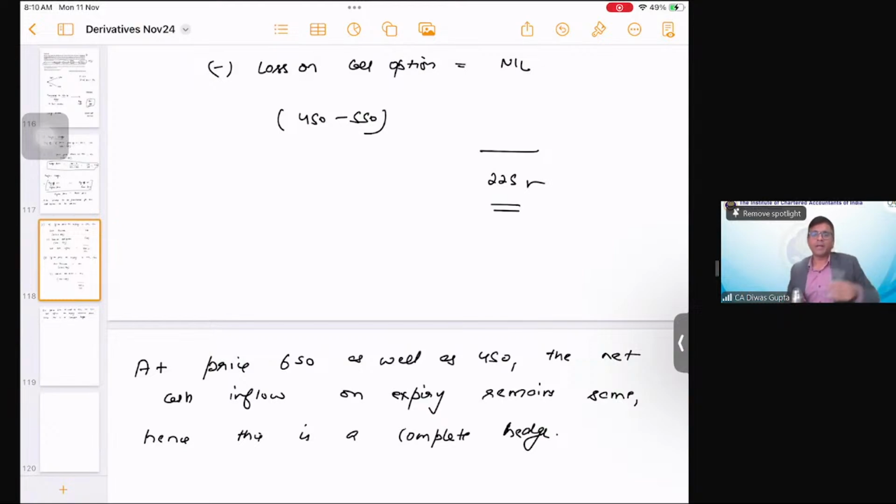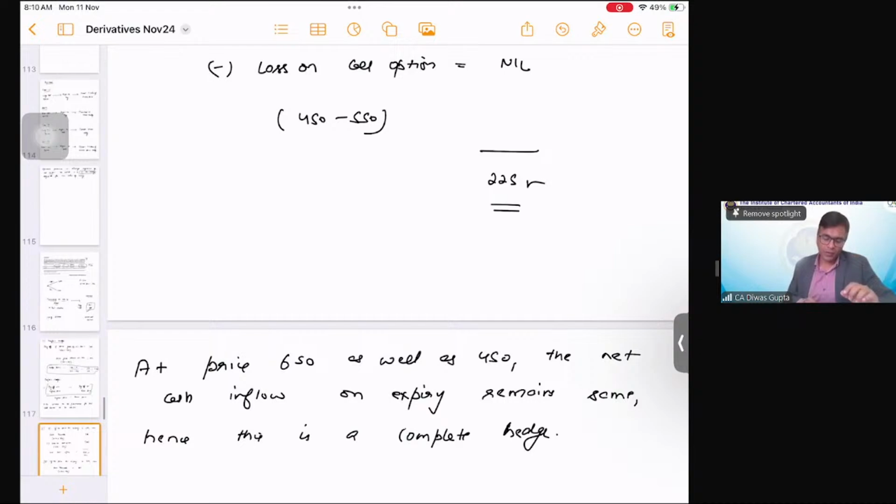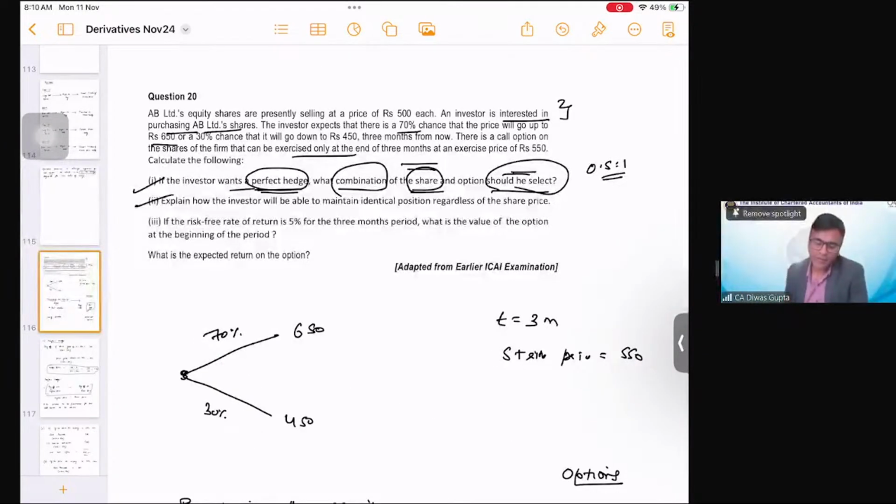Then we have the third part, students. The third part of the question says, if the risk-free rate of return is 5% for the 3 month period, 5% is for 3 months period, what is the value of option at the beginning of the period?